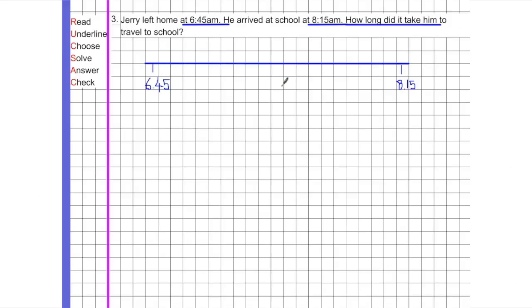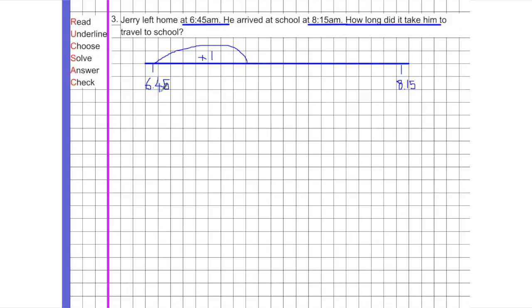Now, this is where you really got to know how digital time works. Because you can see, there's a couple of ways we could approach it actually. But the first way I'm going to show you is just to add 1 hour at a time like we did before. So 6:45, add 1 hour is what time?